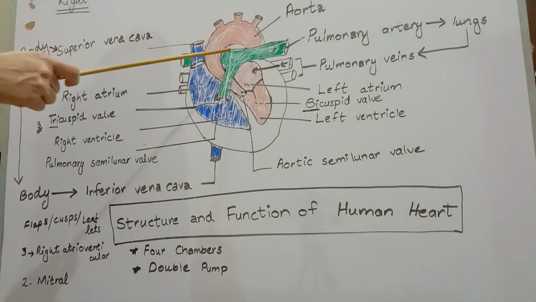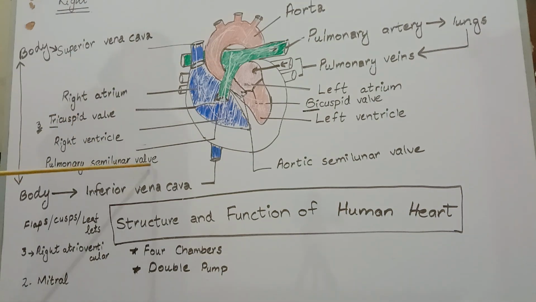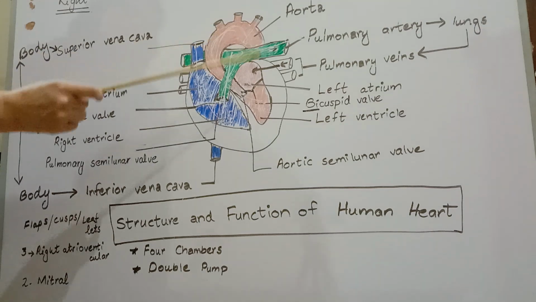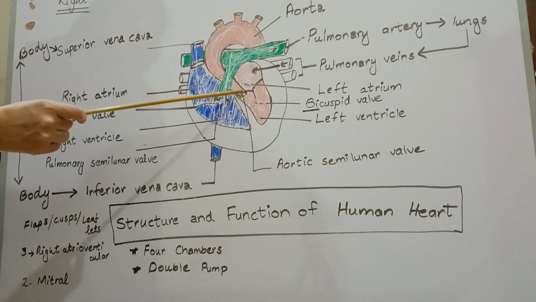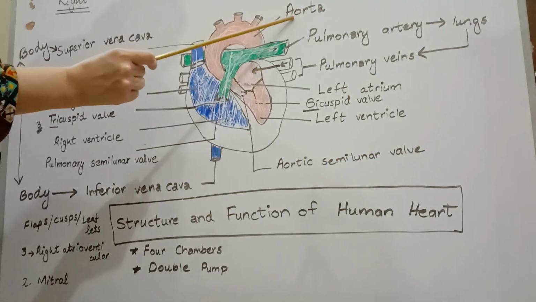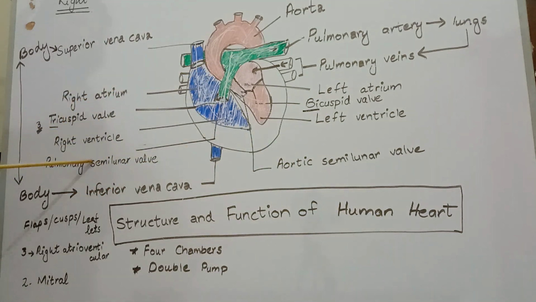Another valve is present at the base of the aorta. This is the aorta, and the valve at its base is called the aortic semilunar valve. At the base of the aorta, aortic; at the base of the pulmonary trunk, pulmonary.